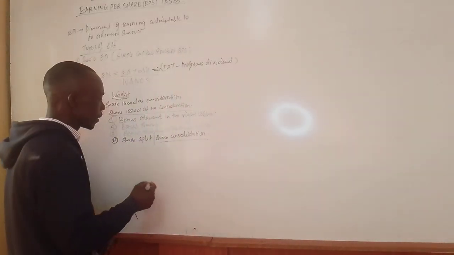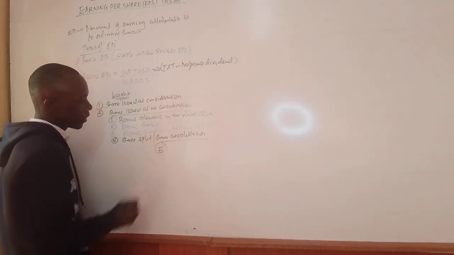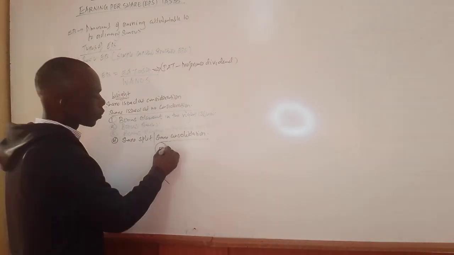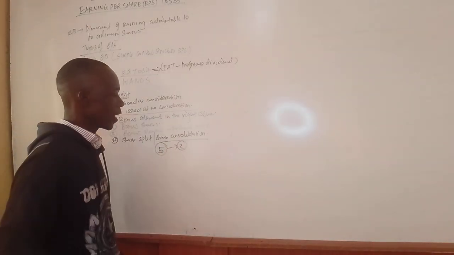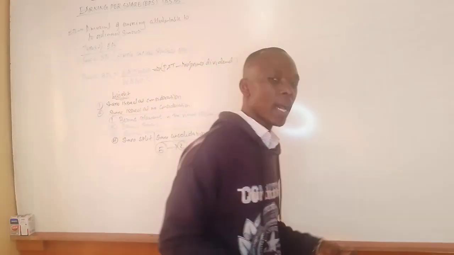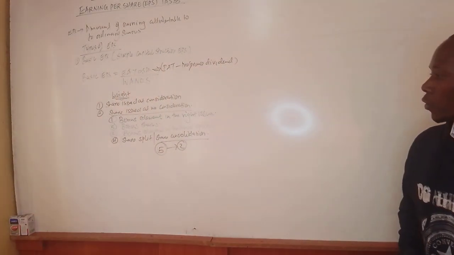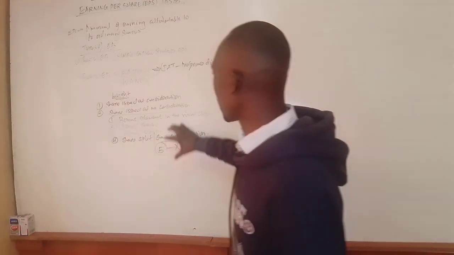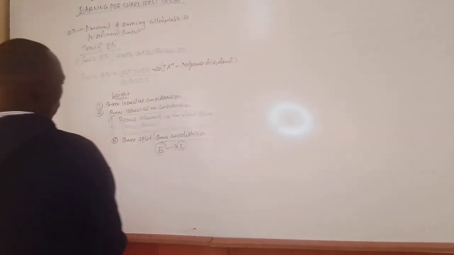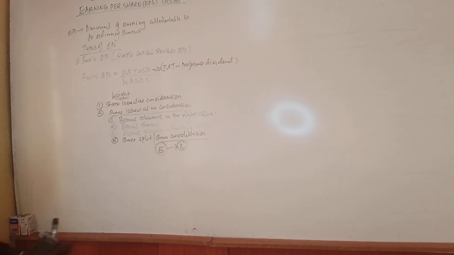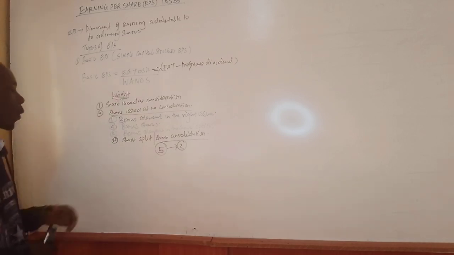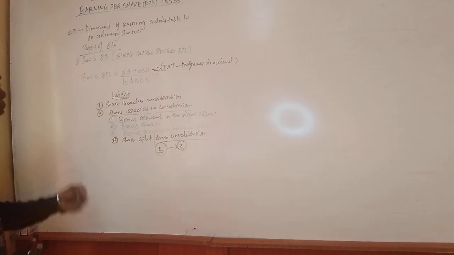For example, if you had 5 shares, you consolidate them to 2 shares. That is what we call the share consolidation. So these are some of the shares that will be issued at no consideration. And again, in this case, we are not going to weight these shares.